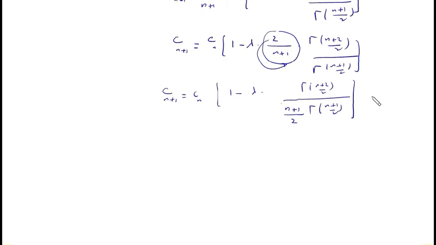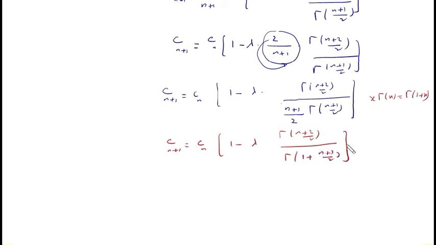Here I have a formula: x times gamma x is equal to gamma of 1 plus x. Here you can see that the same term is outside of gamma, which is inside, so I can apply this property, and using this property it becomes C_{n+1} is equal to C_n (1 minus lambda) gamma of (n+2)/2, and this becomes gamma of 1 plus (n+1)/2.